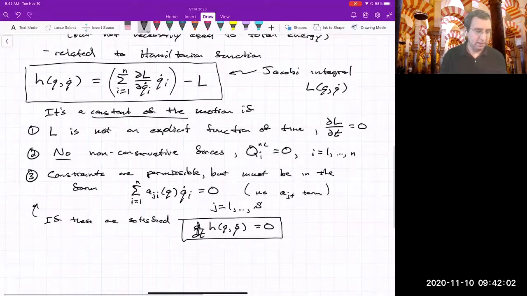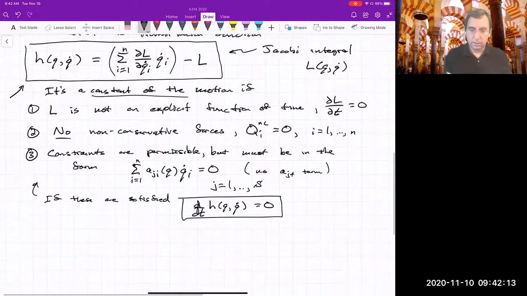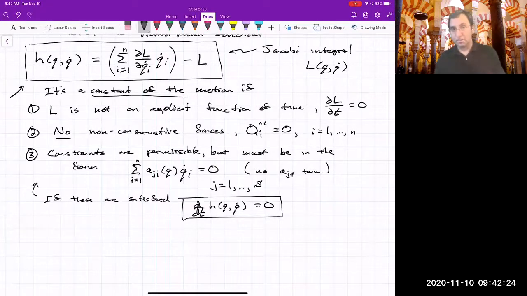I'll include it as a supplement, but you can take the total derivative of this and conclude that it's equal to 0. Okay. Because you could write H this way for a given problem, and if it satisfies these things and you were to simulate the system, you should see that it's a constant of motion. So, as we've said before, you could use constants of motion to check that your numerics are accurate.